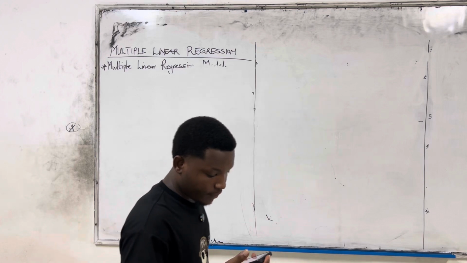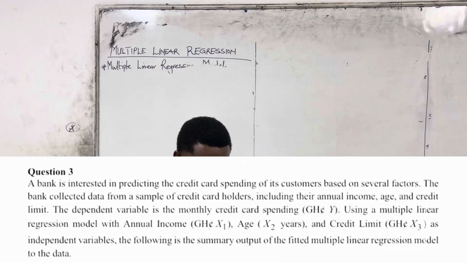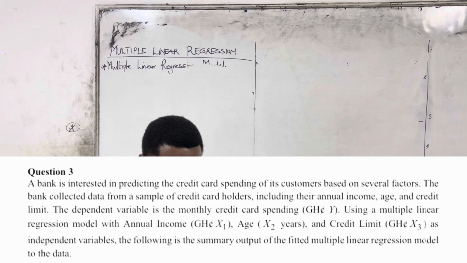We have our question, which is last year's past question. A bank is interested in predicting the credit card spending of its customers based on several factors. The bank collected data from a sample of credit card holders, including their annual income, age, and credit limits.